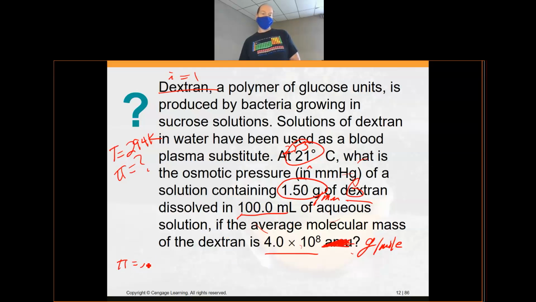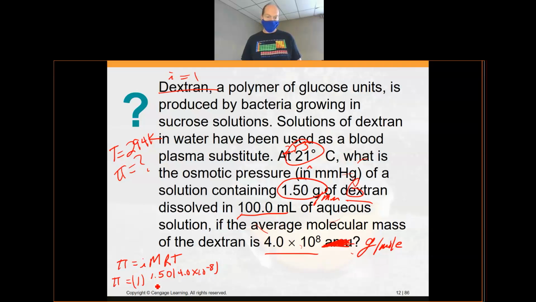So pi is equal to i times M times RT. We're looking for the osmotic pressure. We don't know what dextran is, but we do: it's a bunch of glucose units. The i value is 1. Moles: 1.50 divided by 4.0 times 10 to the 8th.